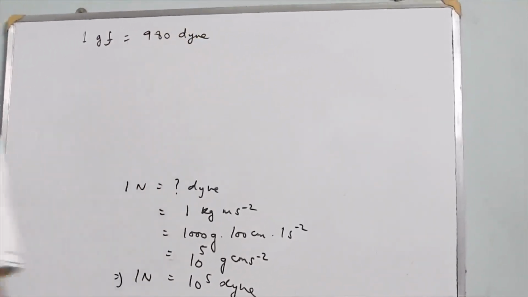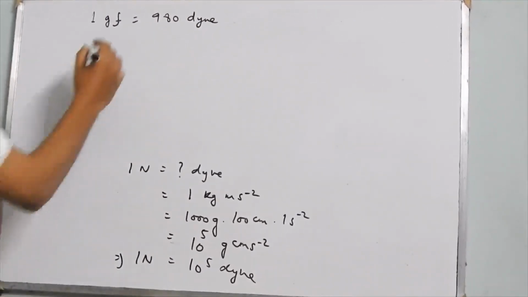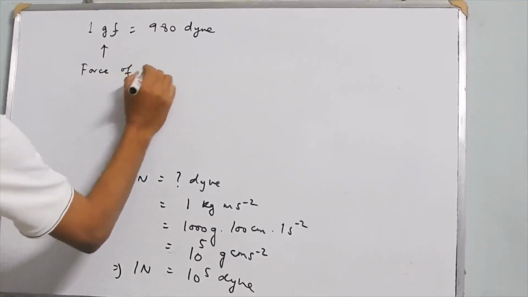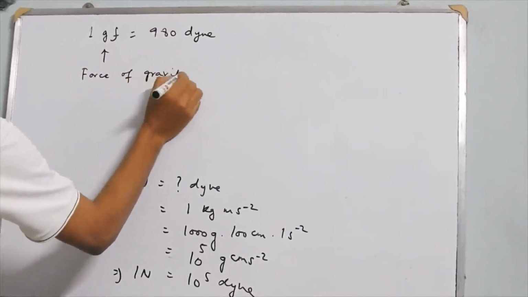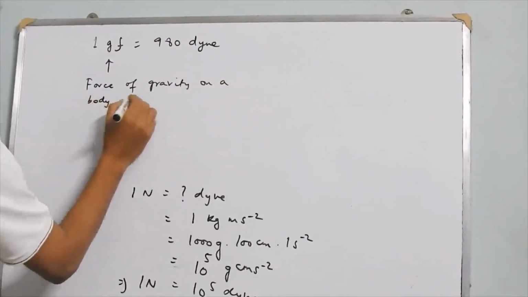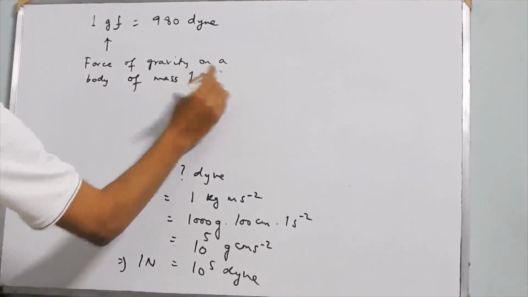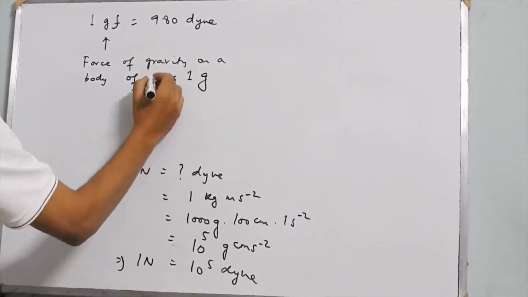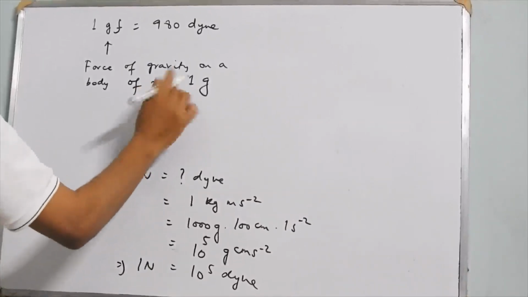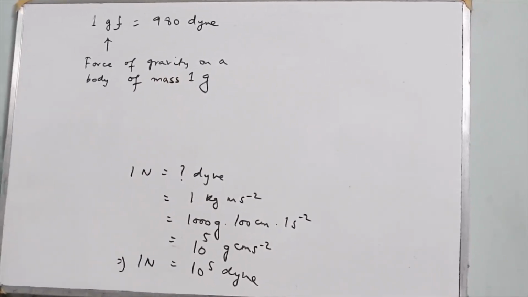Now what is 1 gram force? So 1 gram force is the force of gravity on a body of mass 1 gram. So if there is a body of mass 1 gram, the gravitational pull on that body is 1 gram force.